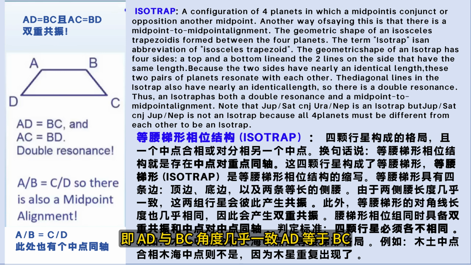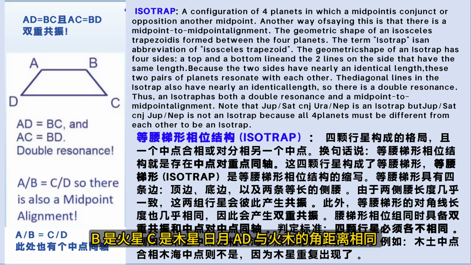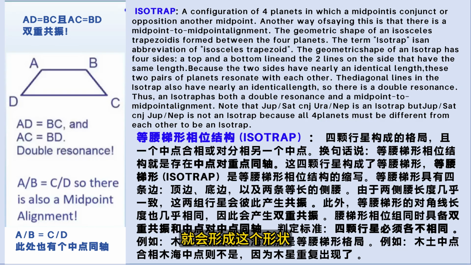AD equals BC. As soon as 2 pairs of planets have almost the same angular distance, maybe A is the sun, D is the moon, B is Mars, C is Jupiter. So the sun and moon, AD, have an angular distance the same as some other pair, like Mars and Jupiter, whatever planets they are. When that happens, you get this shape.